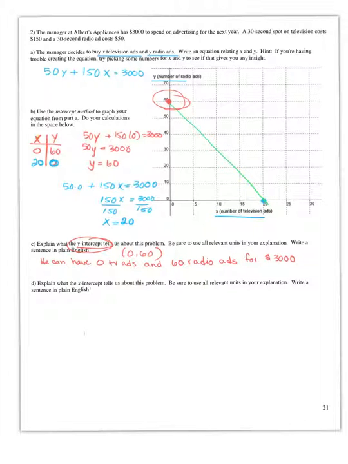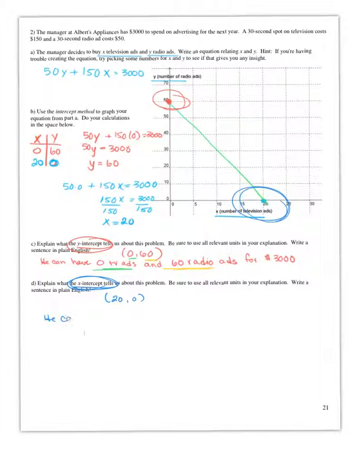The x-intercept is talking about the point 20, 0. And again, we need to refer to both coordinates when we write our sentence.